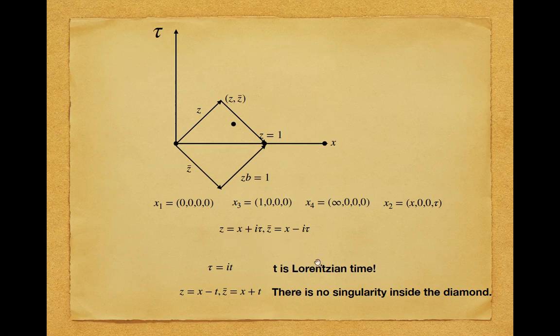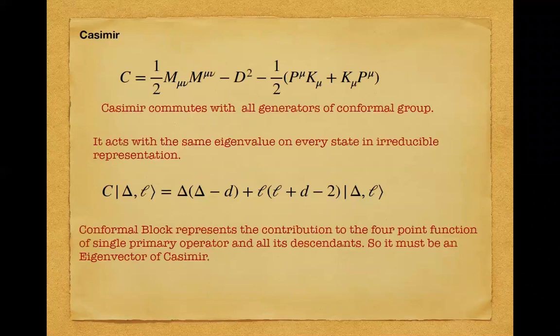But if you want to go to Lorentzian time, then you have to put tau equal to i t, and then you will see that z and z bar become completely independent of each other, and they are 2 real variables. So it is important to know that instead of using u and v, there are coordinates z and z bar, and that makes life easy with some computation.